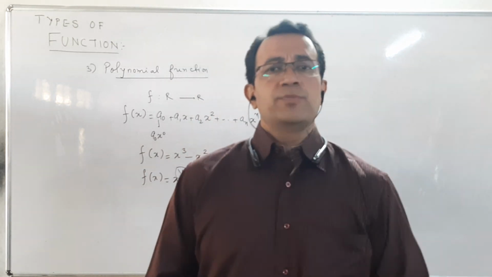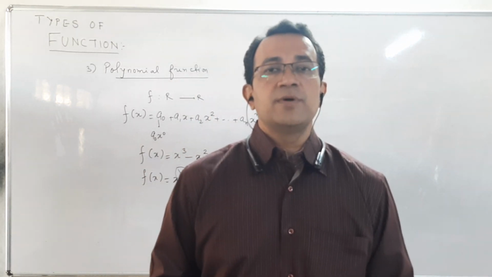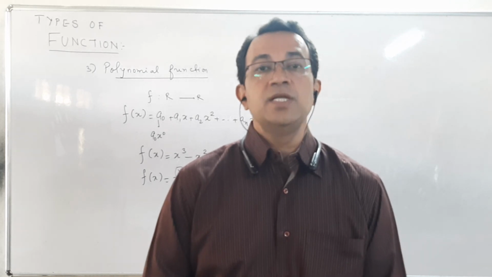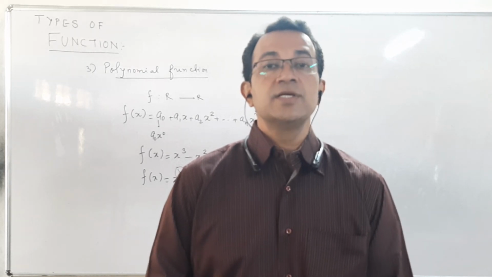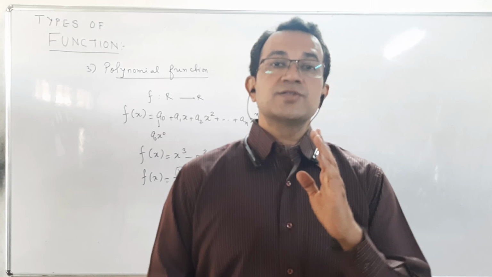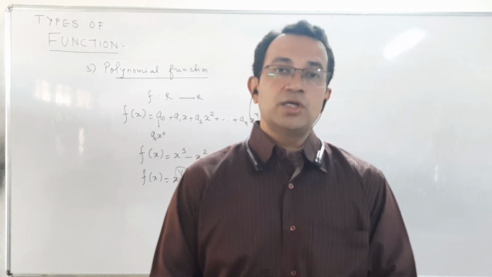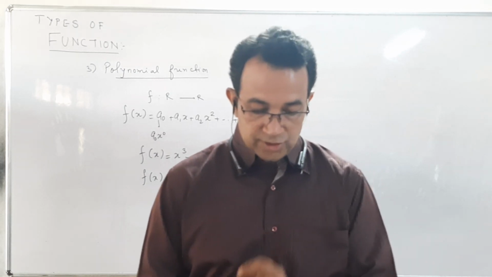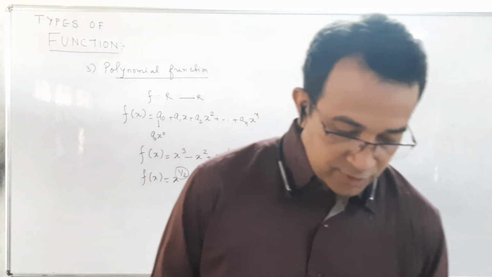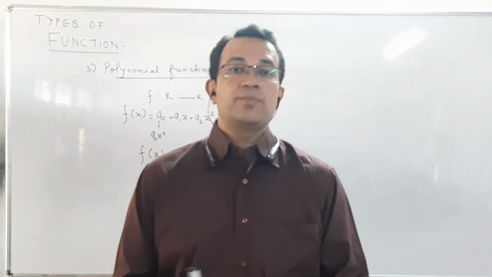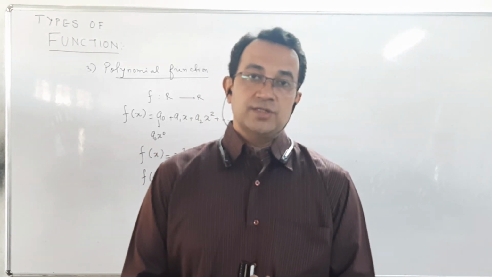So in a polynomial, the powers of variable x should be non-negative integers, and the minimum power, in the constant term, is 0. One has to be very careful in understanding the polynomial function.